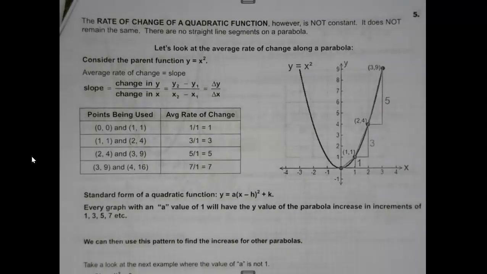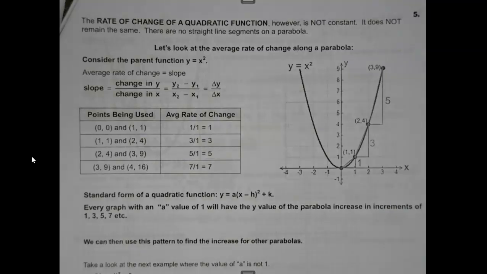When you're working with a parabola, it goes up in increments naturally of 1, then 3, then 5, then 7, and it just keeps going on that pace forever and ever. The only ones we typically deal with are 1, 3, and 5, because otherwise they get off our graph. They're too big. So again, if your A value is 1, the pattern is 1, 3, 5.